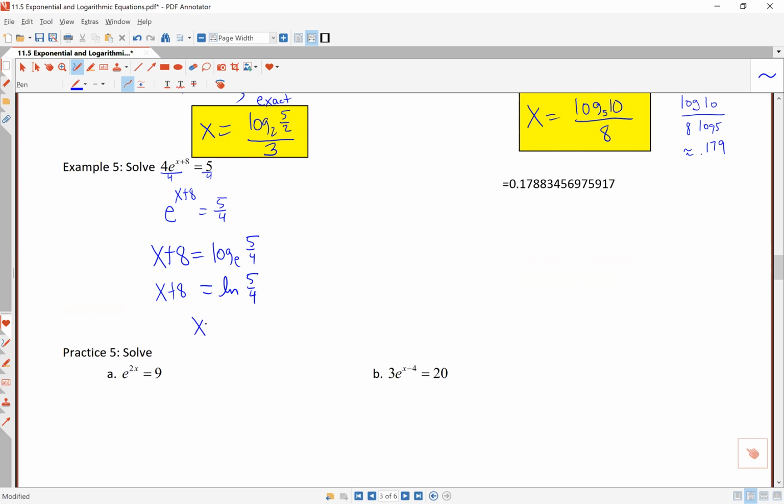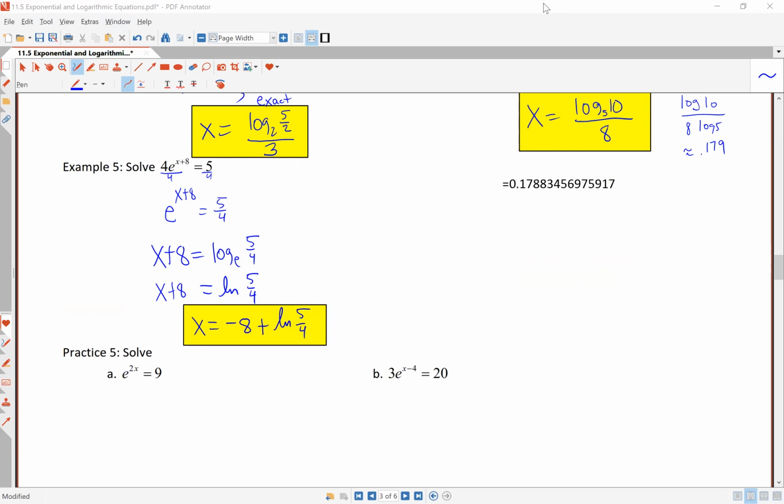So we subtract 8 from both sides and write -8 plus the natural log of 5/4, giving us our exact answer. Now we don't need any kind of change of base formula to estimate this one because we have the key for natural log of 5/4.